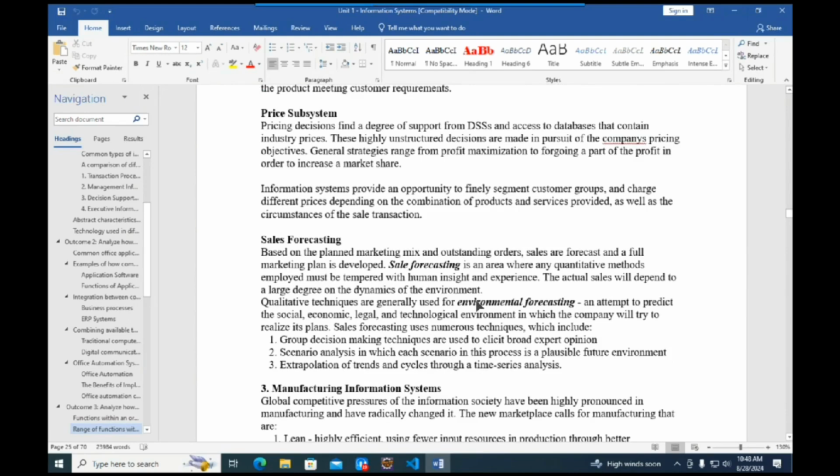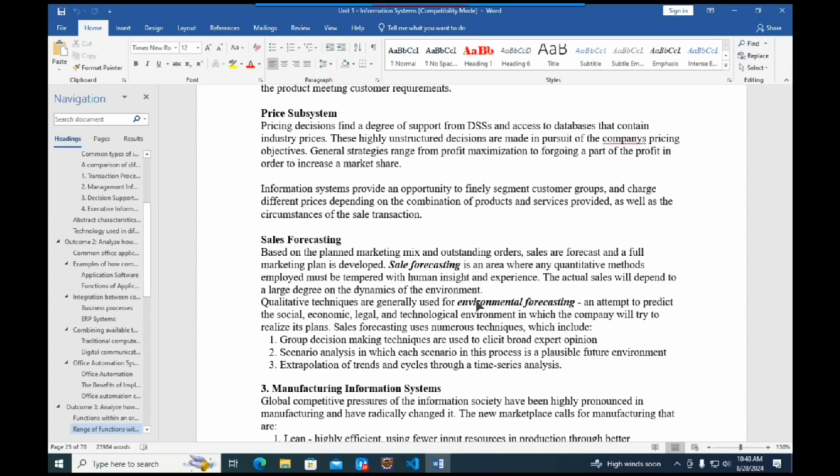So we have the other subsystem, which is the price subsystem, and it helps us to make a decision, finding the degree of support from the decision support systems, and even accessing the databases that have the industry prices.